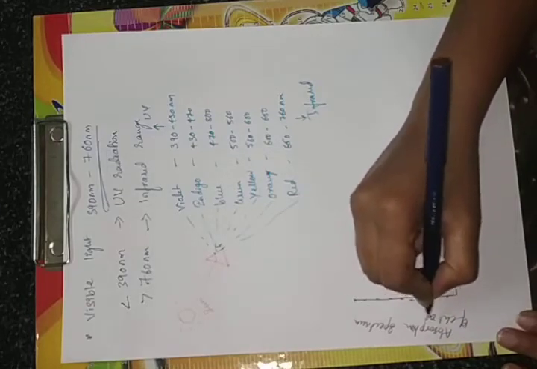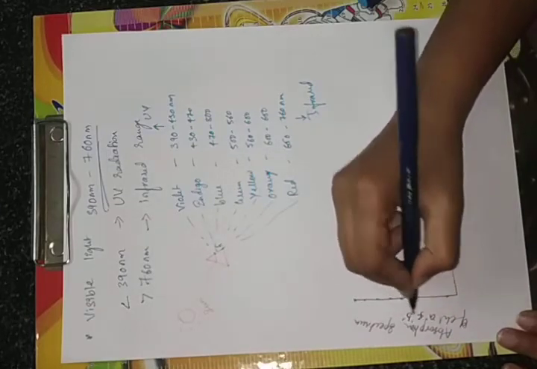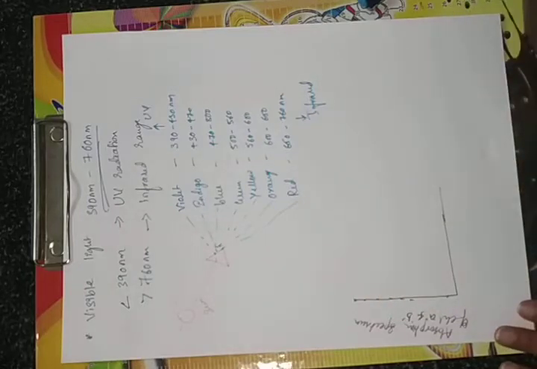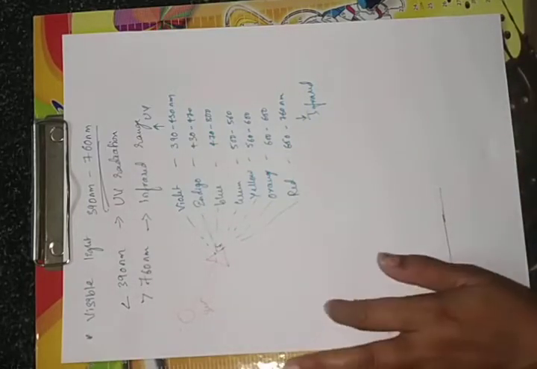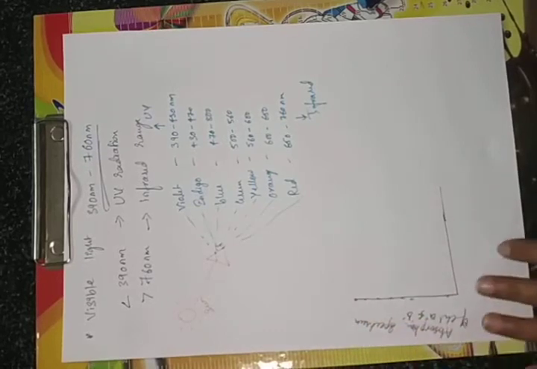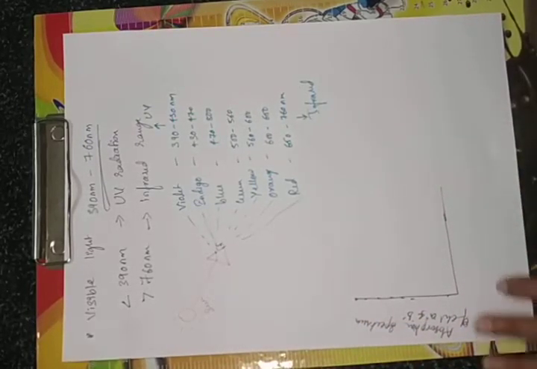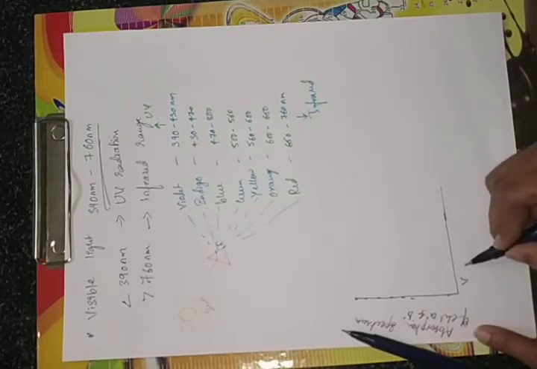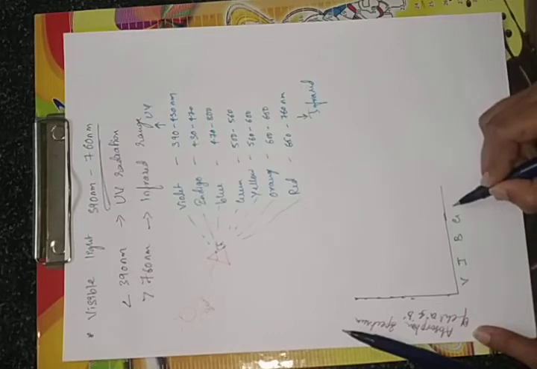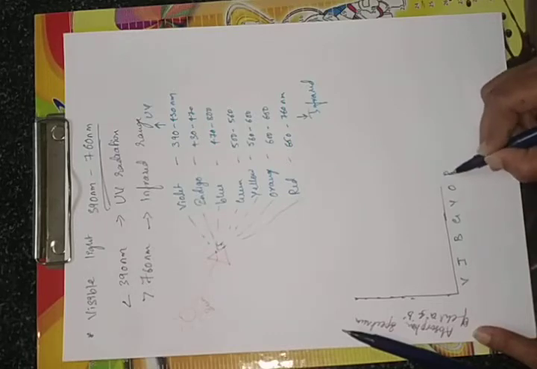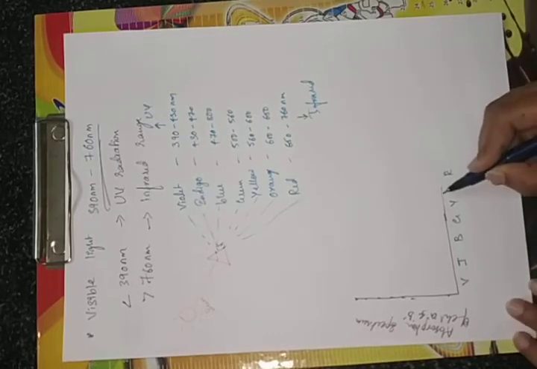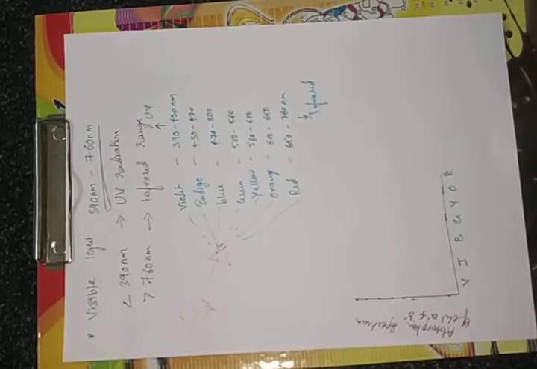Chlorophyll A and then chlorophyll B. Here see, this is the absorption of light and then this will be the VIBGYOR. Let me write in numbers. VIBGYOR. Okay, now what did I say?